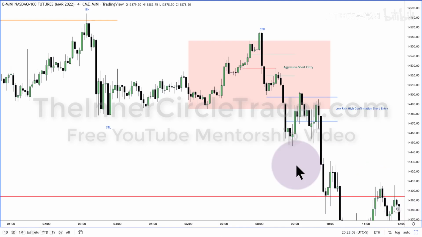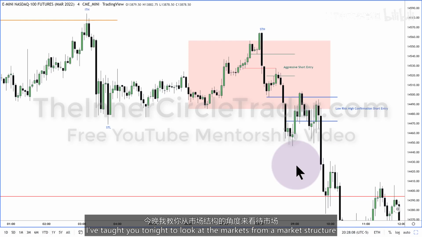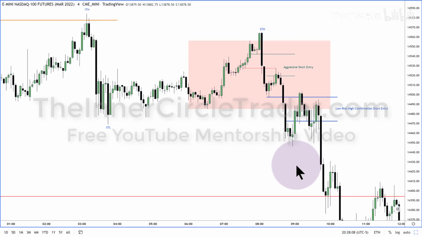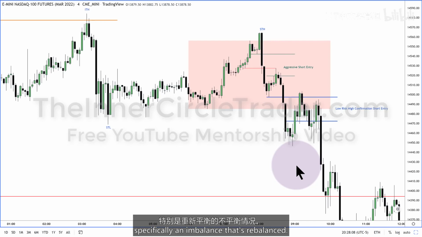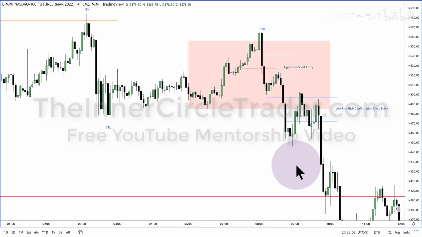So in short, I've taught you tonight to look at the markets from a market structure perspective by breaking down the price swings, labeling them, specifically an imbalance that's rebalanced. That intermediate term high or low should not be violated. That's a key high or a key low.